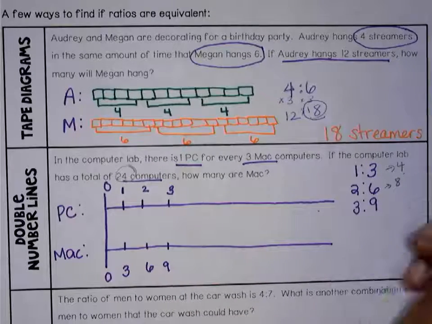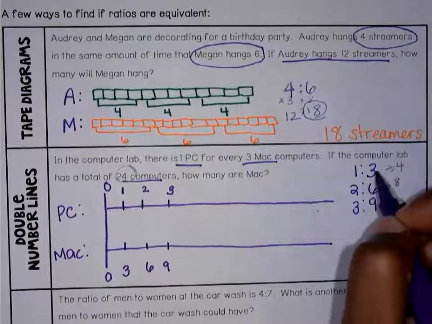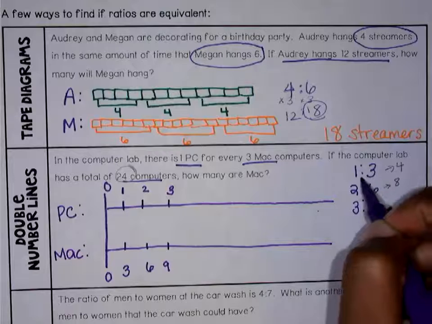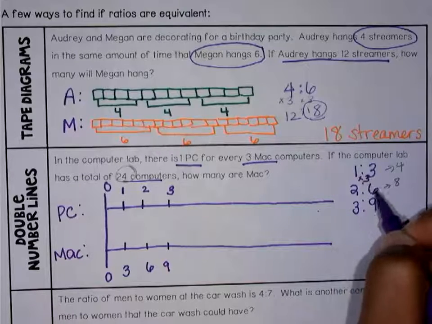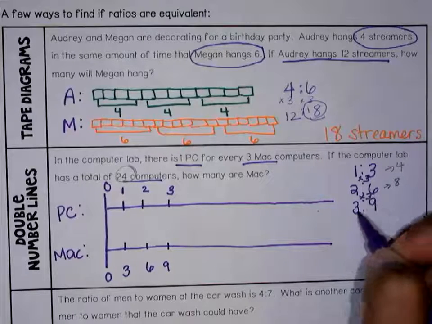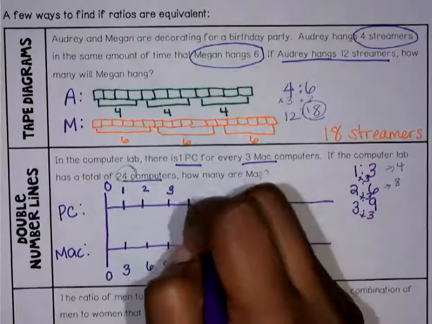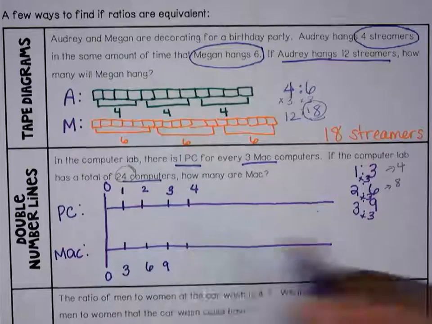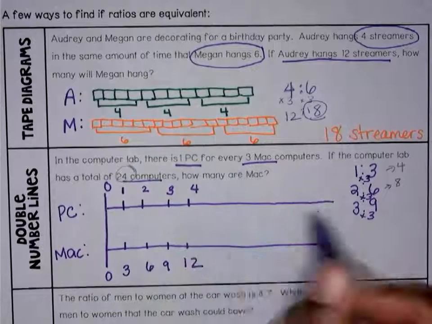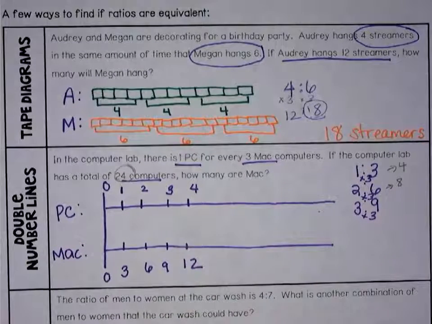So if you look at it, honestly, from 1 to 3, you're multiplying times 3. From 2 to 6, times 3. 3 to 9 is times 3. So let's keep going. If we have 4 PCs, we know that we're going to have 12 Macs, multiplying it by 3.